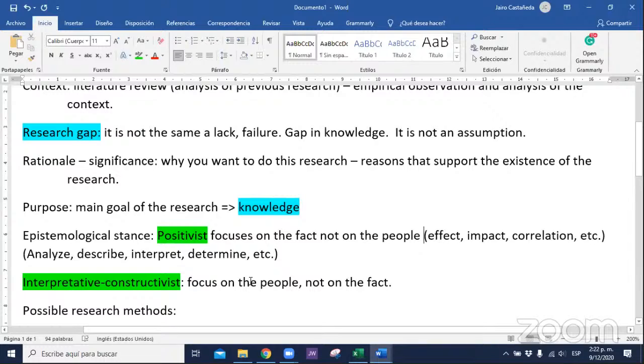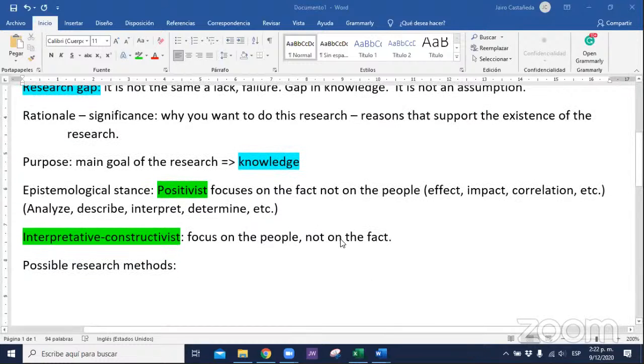Right? So if your question starts like analyzing the information, the ICTs used in the VA, you are taking this stance, the positivist, because you are focusing on a fact.